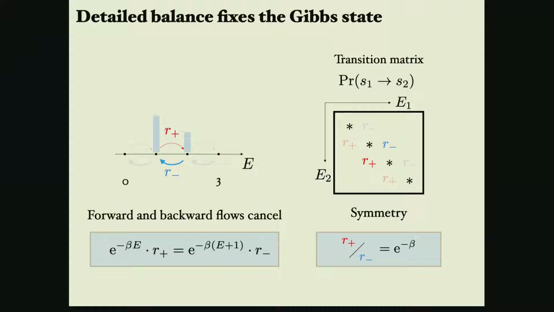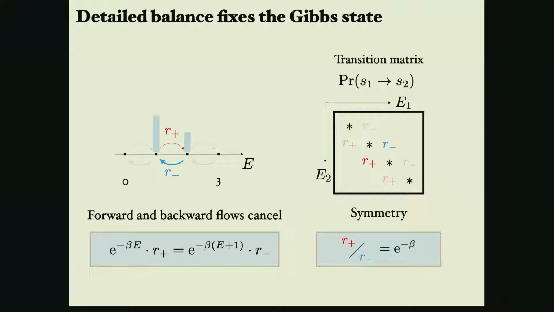To reiterate, you can write it in the picture of the transition matrix. In this 1D line, the transition matrix is some tridiagonal matrix, and detailed balance in this case just amounts to a symmetry of this matrix. You look at the entries across the diagonal, and you want them to satisfy this algebraic ratio.